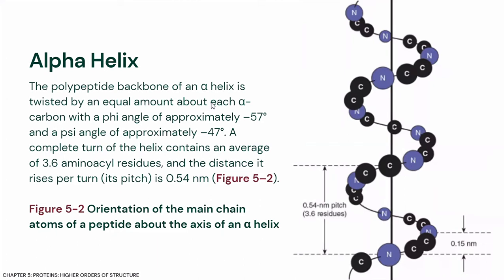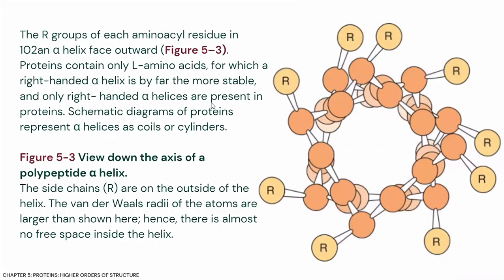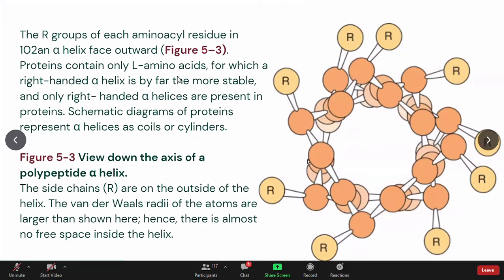But most common is the clockwise helix. Now this is the helix seen from the top. As you can see here, these are the R groups extended on the outside.